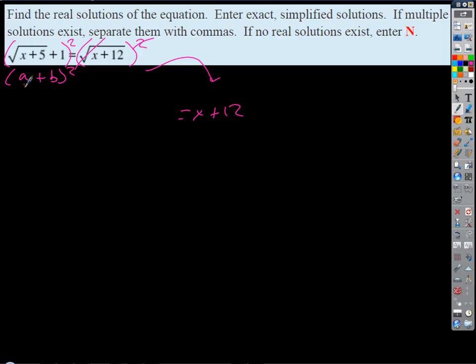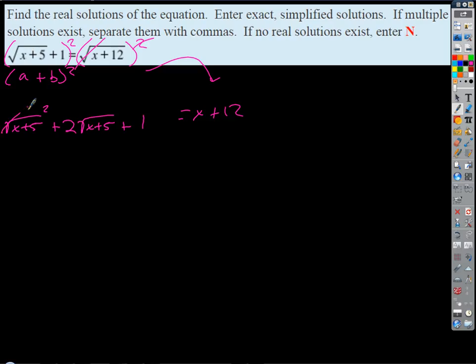So that's a squared, the square root of x plus 5 squared, plus 2ab. Well, there's a and there's b, so that's 2 times the square root of x plus 5 times 1, plus b squared, which is 1 squared, or 1. Or I could just set them next to each other, multiply this whole thing by itself, and distribute if I want to, right?